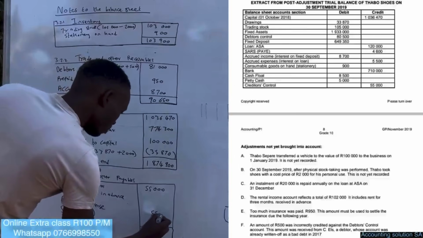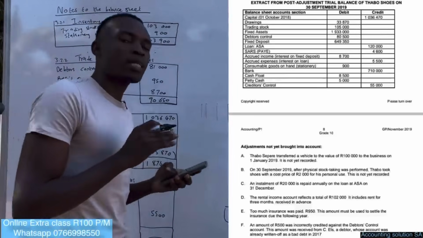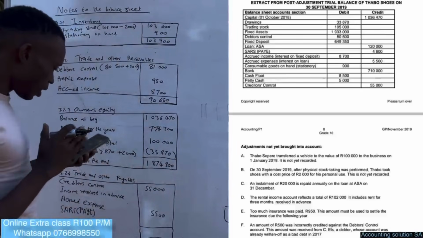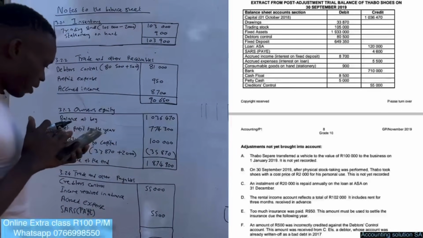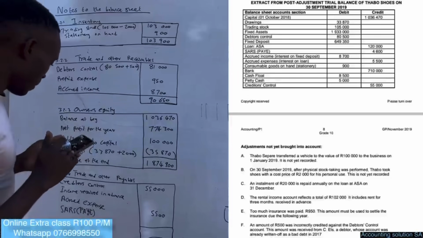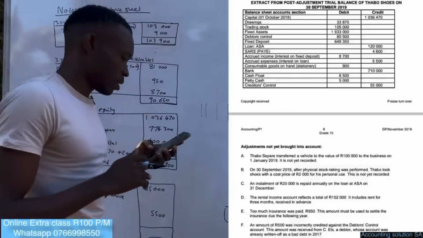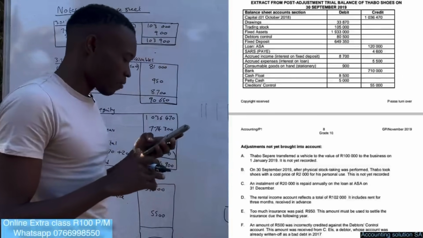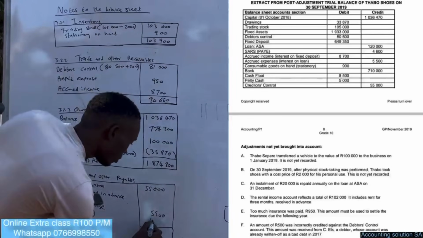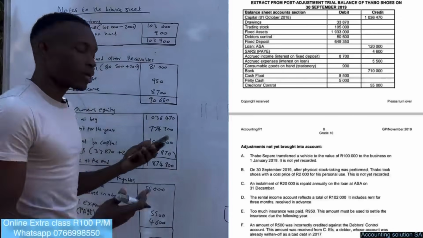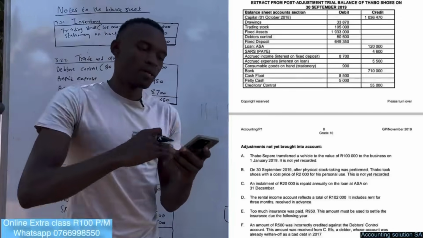We just copy and paste it because we don't have any other transaction related to it. Okay, and then the next one we have, let's check SARS pay as you earn. SARS pay as you earn is given 4,600. Now income received in advance, we can't see it on the trial balance.